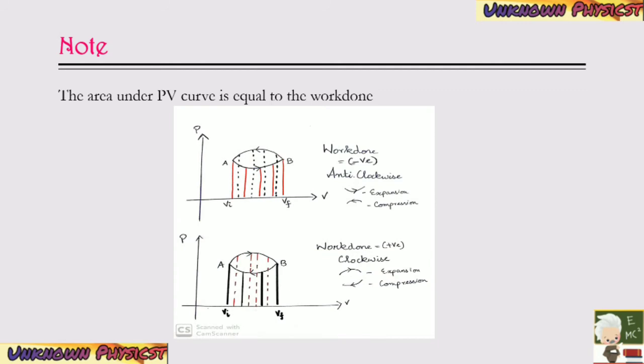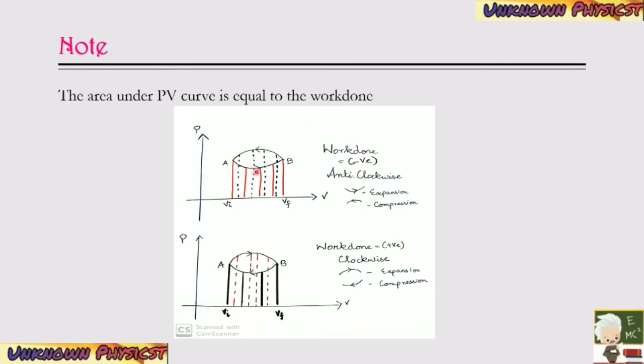Before the problem, a small note. Given a PV diagram, the area under the PV curve is equal to the work done, that is, the total work done. So let us take a thermodynamic process AB. From A to B it is expansion, initial volume to final volume, and from B to A it is compression, that is, final volume to initial volume.